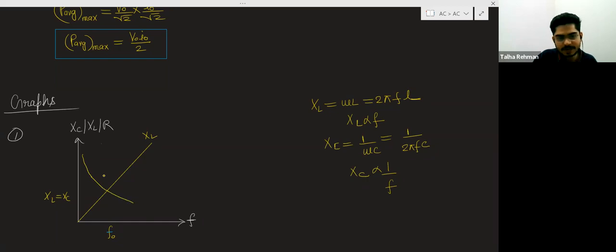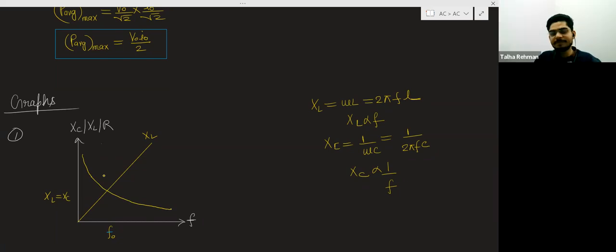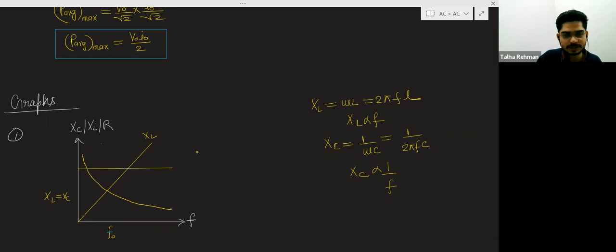This type of rectangular hyperbola graph you will get. Resistance is independent of the frequency, so the graph of the resistance will be like this. This is for the resistance, and this is for XC.